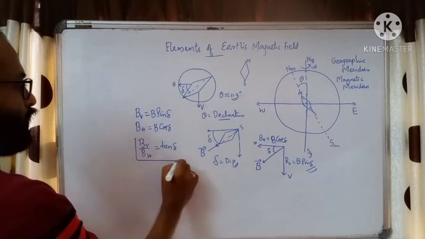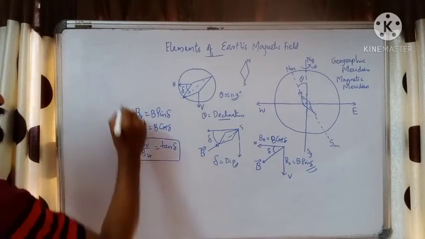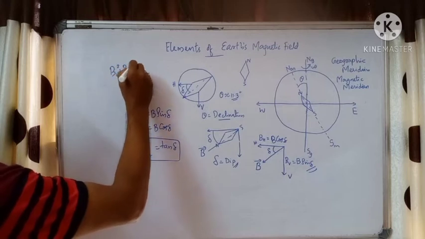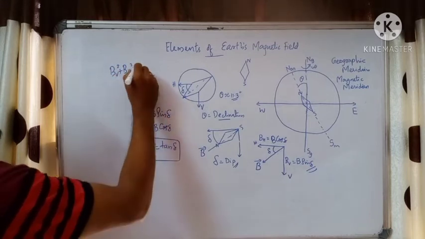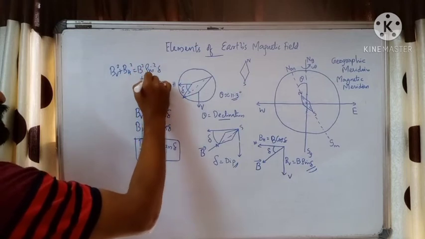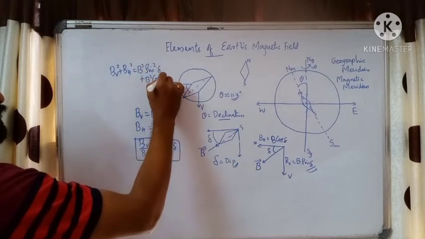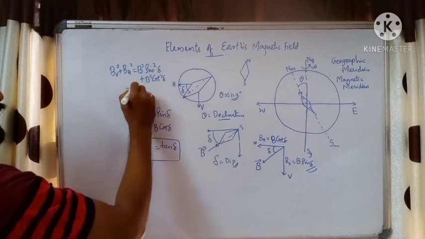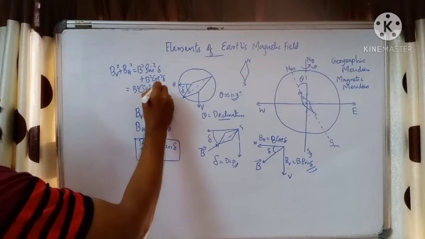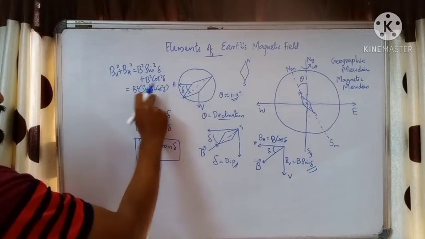One more relation. When you square these and add, that is BV square plus BH square, it will be equal to B square sin square delta plus B square cos square delta. Now if you take B square common, B square into sin square delta plus cos square delta, but this will be equal to 1.